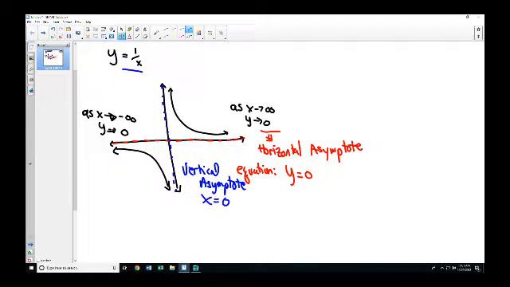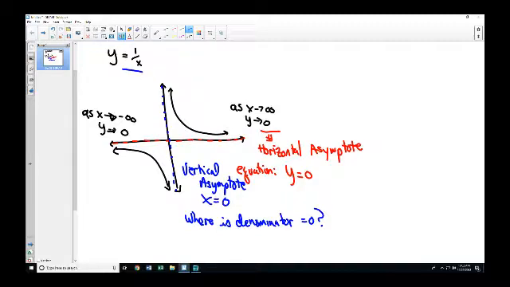So when you're doing a vertical asymptote, where is the denominator equal to 0? That's the question you need to ask. There's one special case where there's an exception I'll show you. But asking that question is how you find the vertical asymptote.